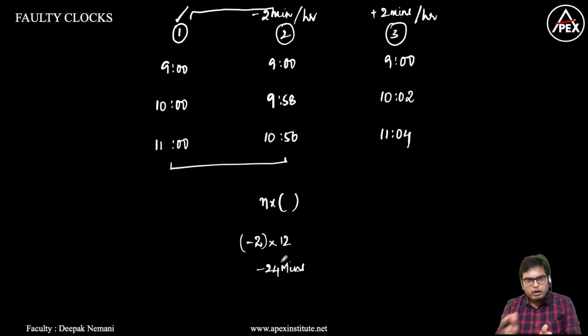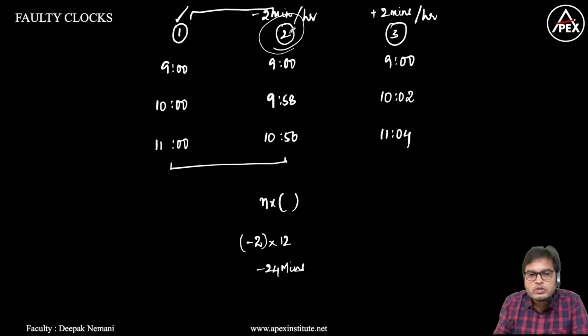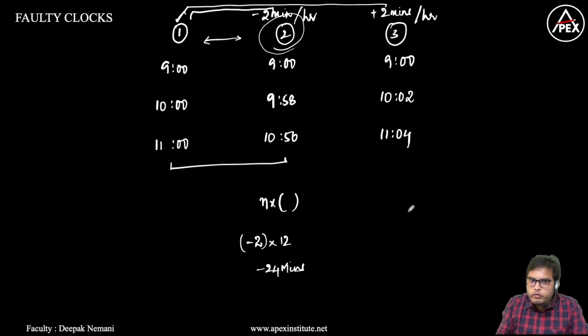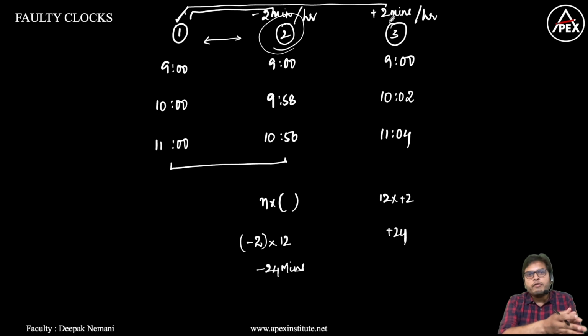Now that means after 12 hours, this clock would have slowed down by 24 minutes, and the time difference between these two clocks would be 24 minutes. Now similarly, the time difference between these two clocks would be 12 × (+2), that would be +24. That means this is running faster by 24 minutes after 12 hours. For example, if the time in this watch is 9 p.m., then the time in this watch would be 8:36 and in this watch would be 9:24.